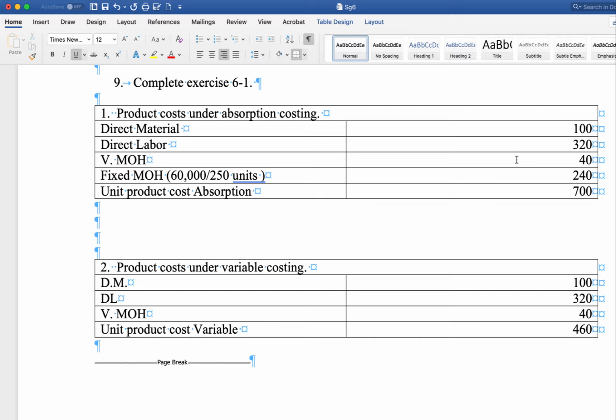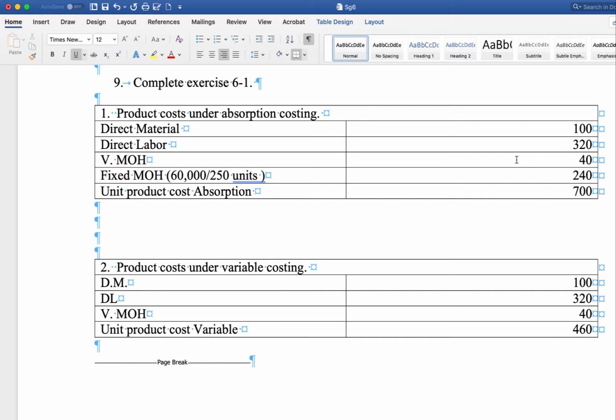What that means is we recognize that cost as an expense only whenever we sell it. So when we make a bunch of products, those products are on our balance sheet under the finished goods account. We don't recognize that $700 cost until we actually sell that unit.